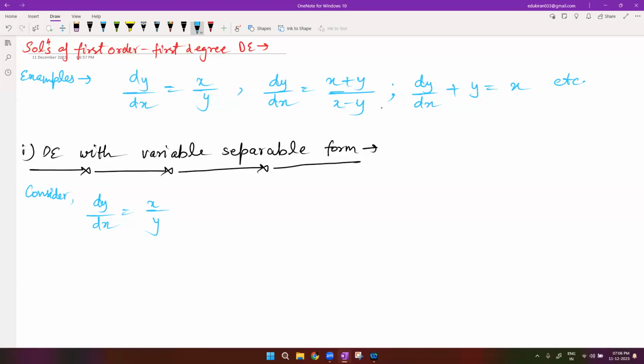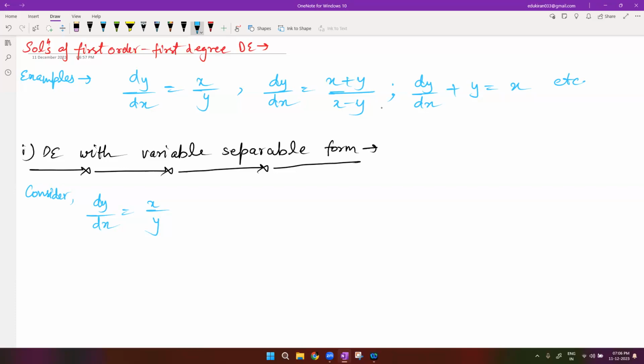So we can easily integrate the equation if, now this is a very easy concept, but you have to listen to me carefully, okay everyone. We can easily integrate the equation if we can take all the y with dy and all the x with dx.